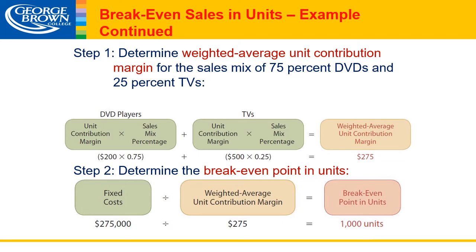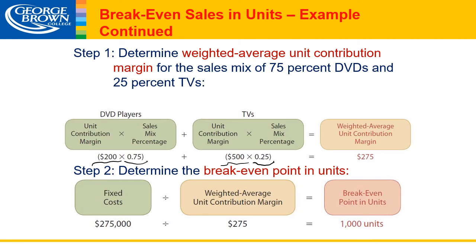So let's say we had DVD players that we sell for $200, and TVs that we sell for $500. Let's say the menu mix percentage for DVD players is 75%, and the menu mix percentage for TVs is 25%.